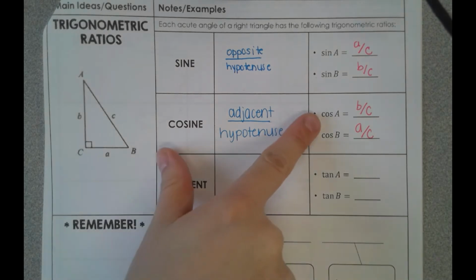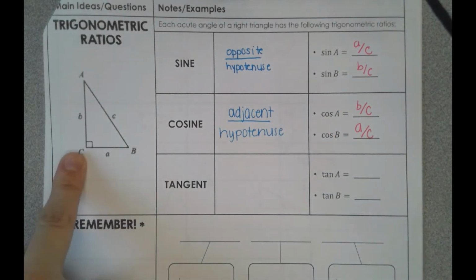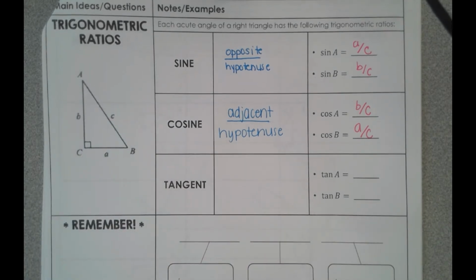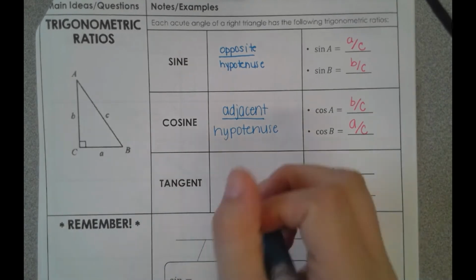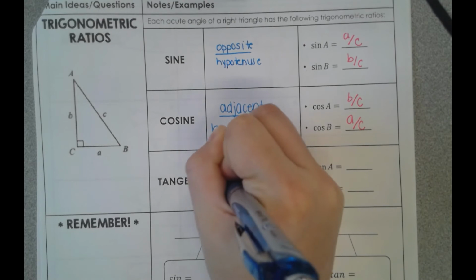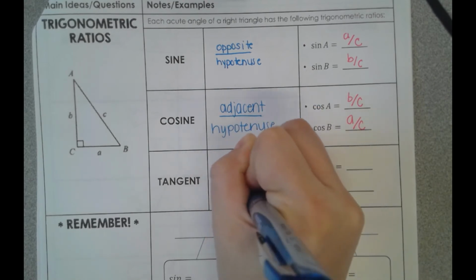You'll never have to do sine, cosine, or tangent of where your right angle is. Just your other two. And then tangent is opposite over adjacent.